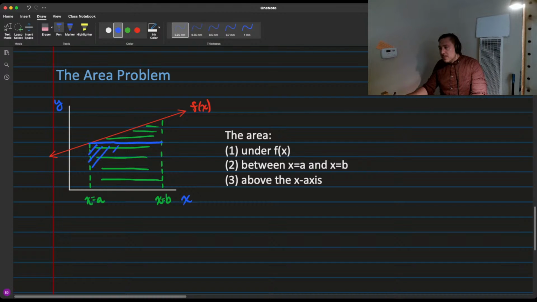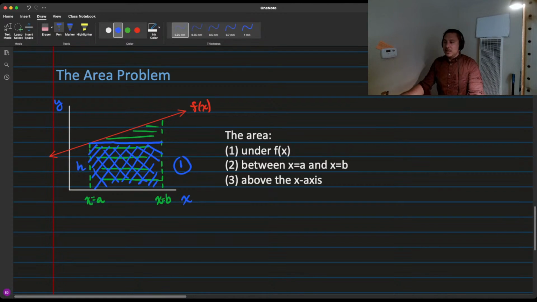We'll call this region 1 right here. What shape is region 1? Looking at that, we've got region 1 in blue. Yeah, exactly, a rectangle. It has some height, which we'll call h. You could figure it out by plugging a into the function. The height of this is f of a.